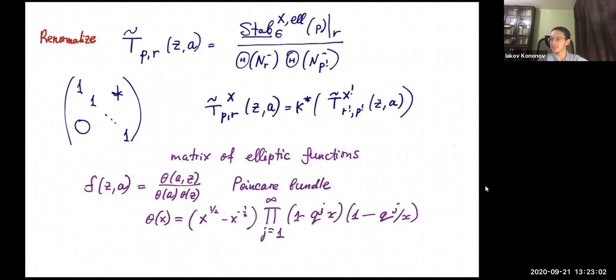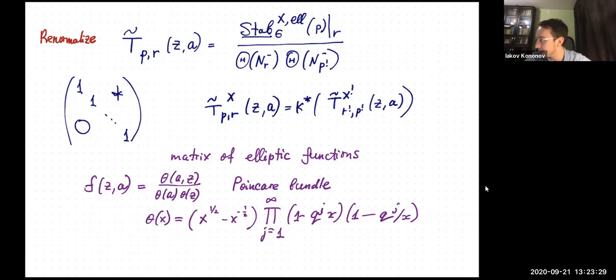So let's define now another normalization of elliptic stable envelopes and put them into a matrix. So we normalize so that we get 1 on the diagonal. And so we get an upper triangular matrix where in rows we have fixed point components of elliptic stable envelopes of points.